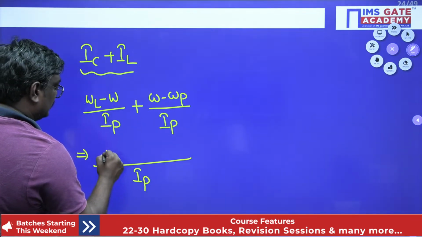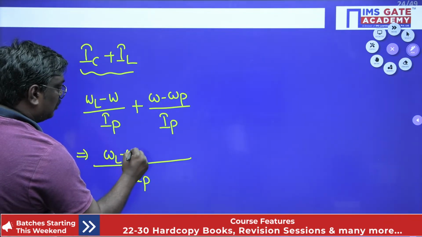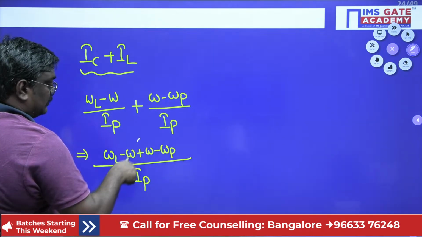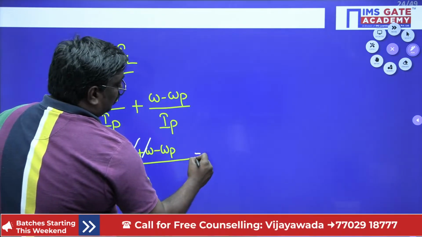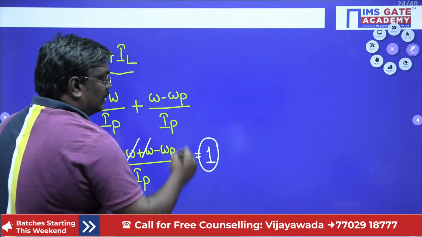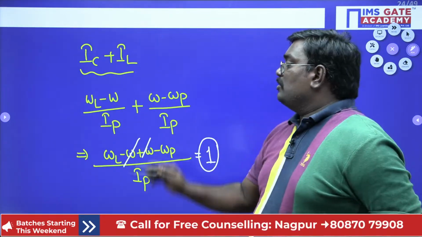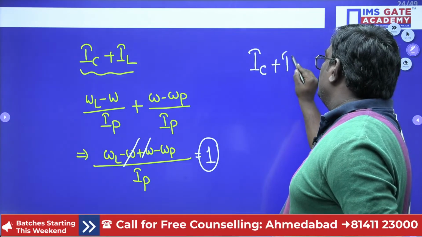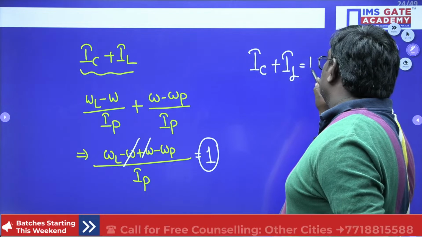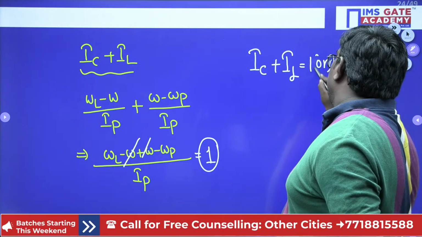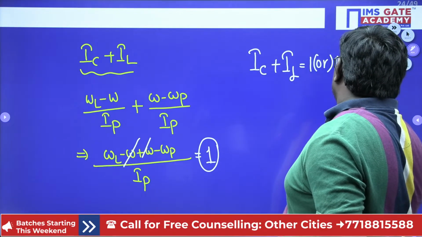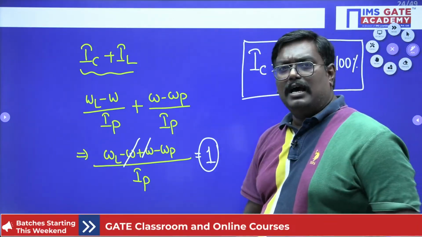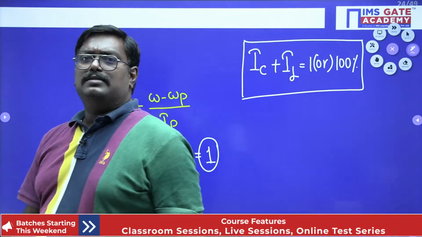You can write it as WL minus W plus W minus WP, and if you cancel the W, this will be equal to 1. So the consistency index plus the liquidity index can be written as 1 or 100 percent. I hope you are clear with the consistency index.